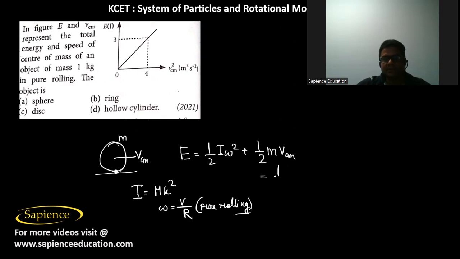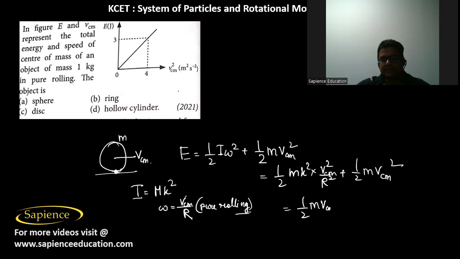So therefore, I can write this as half m k square into v square by r square plus half m vcm square. Omega is vcm by r. So from there, half m vcm square I can take as common, and then I can write 1 plus k square by r square.